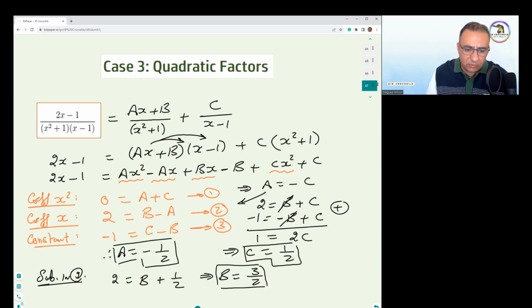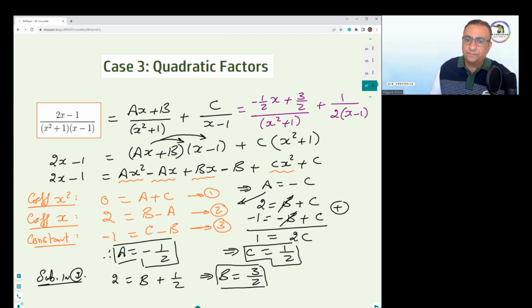Now I can substitute back in the main form, right? We can say that this main function, this rational function, is equivalent to, now a is negative 1/2, so it's going to be negative 1/2 x, plus b, which is 3 over 2, over x squared plus 1, and then c is basically 1 over 2 multiplied by x minus 1.